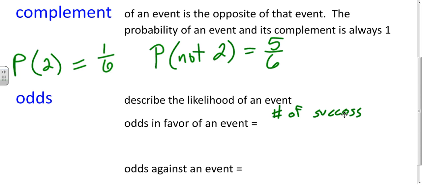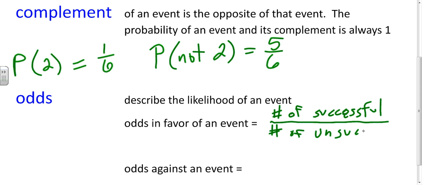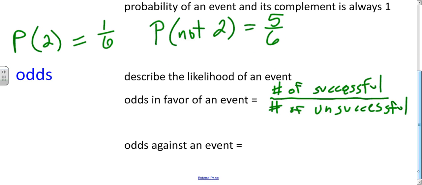And then the difference here is, instead of being out of the total outcomes like probability, it's the number of unsuccessful outcomes. And then the odds against an event is just the reciprocal of that. That's the number of unsuccessful over the number of successful.